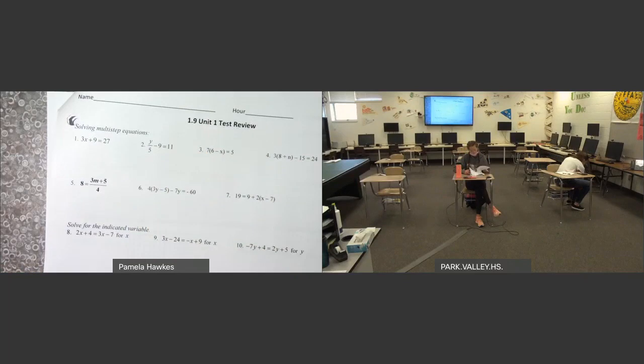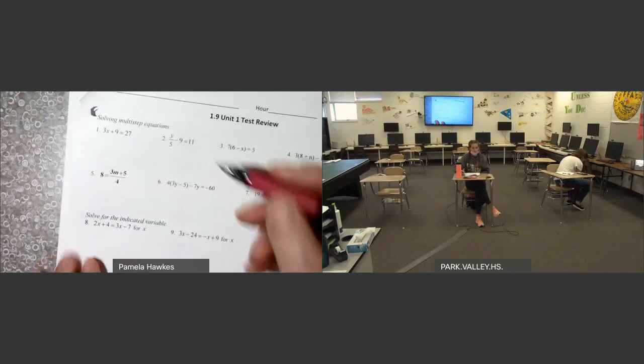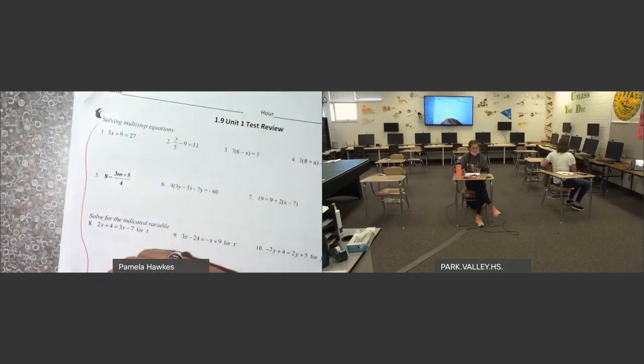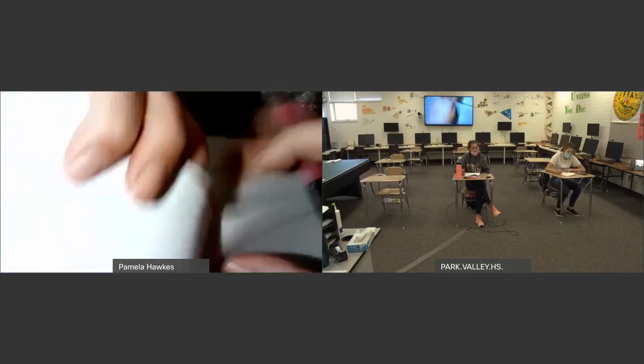Now, there's 2 parts on this test that are more important than any other part. They are these first ones where we're solving literal equations, and the second ones where we're adding, subtracting, and multiplying polynomials.